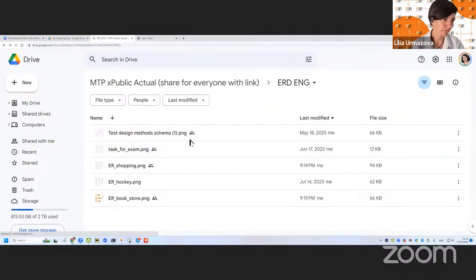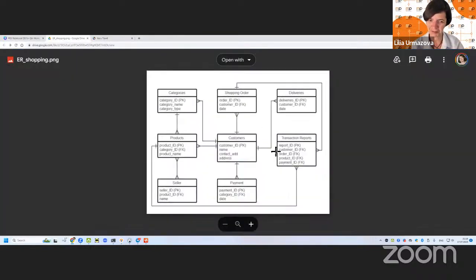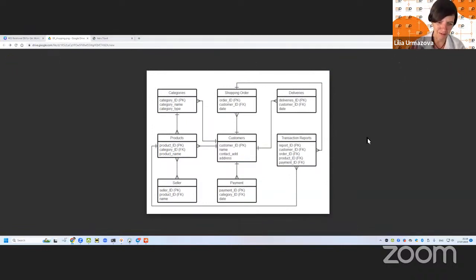Okay, if the bookstore cannot be opened, everybody could be in the same group, maybe. And we will discuss the ER shopping. So I will not create the breakout room then, and will just leave you for, I don't know, 15 minutes, for example.